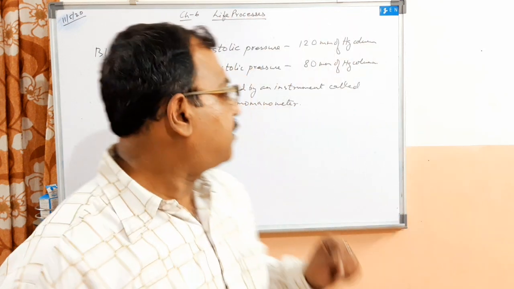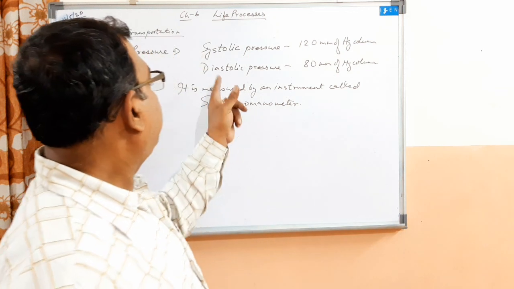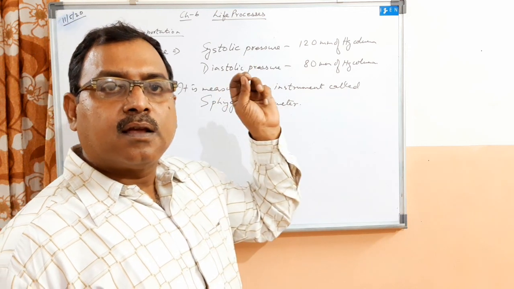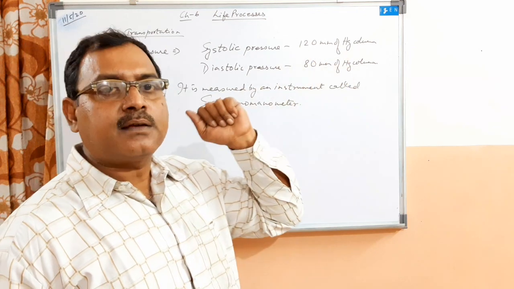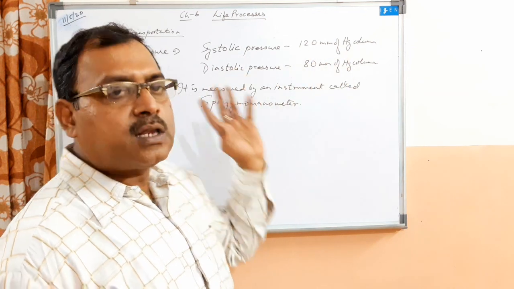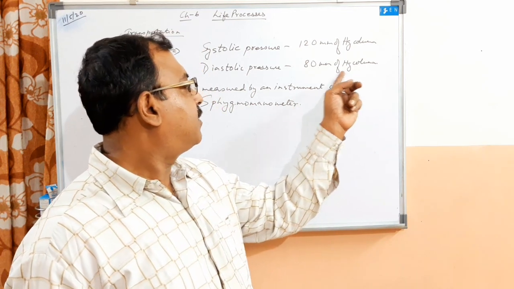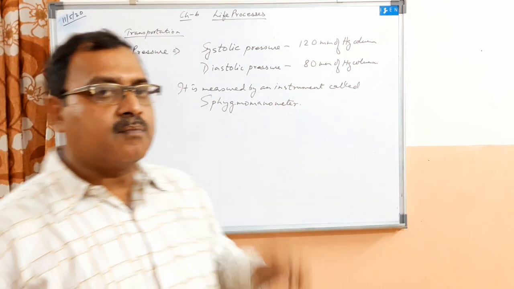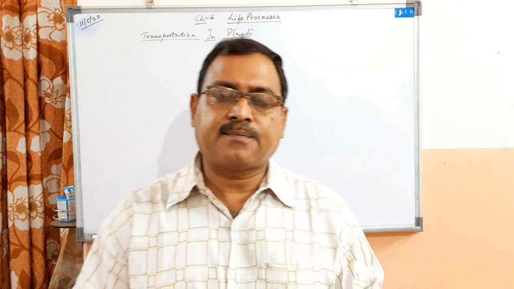So, blood pressure is measured by sphygmomanometer, and it has two types of pressure: systolic pressure, which is due to ventricular contraction, its value is 120 millimeter of mercury, and another is diastolic pressure, which is during ventricular relaxation, that is 80 millimeter of mercury column. And blood pressure is measured by an instrument called sphygmomanometer.